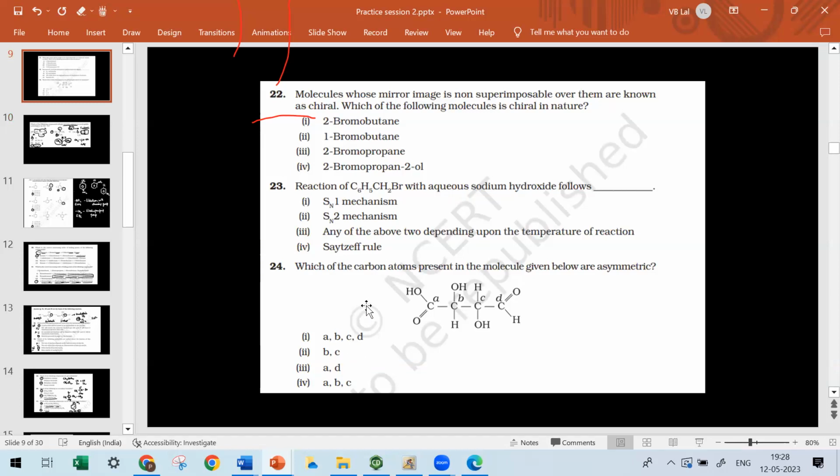Now do this one. Which of the carbon atoms present in the molecule given below are asymmetric? Tell me. Which carbon atoms have 4 different groups around them? Quickly.